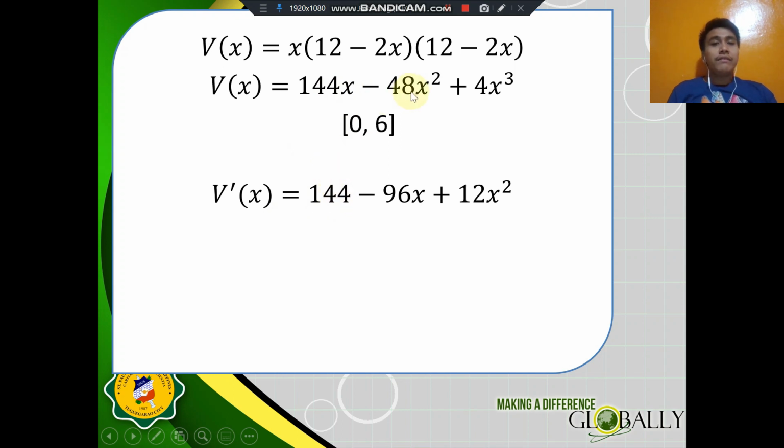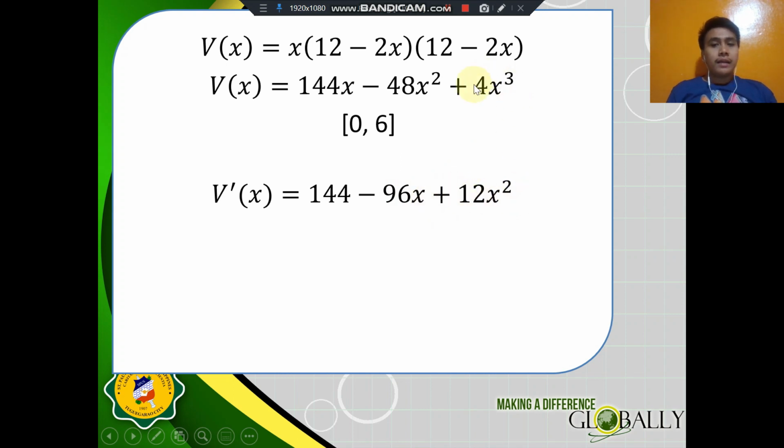The derivative of negative 48x squared is negative 96x, because we transfer this 2 to the front, multiply it by 48, and subtract 1 from the exponent.